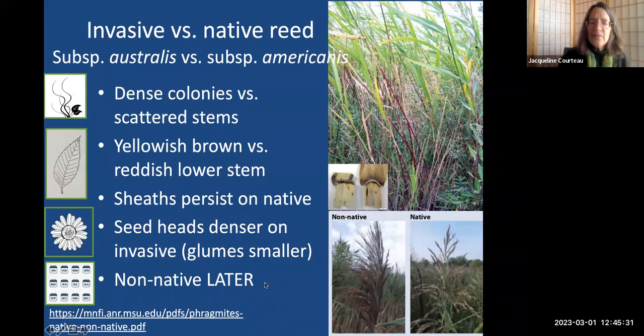And then a final difference, which is interesting in the phenology, is that the native is actually later to flower and bloom. The non-native is, in contrast to some of those shrubs that we saw where the non-natives were early, these actually flower and bloom later.